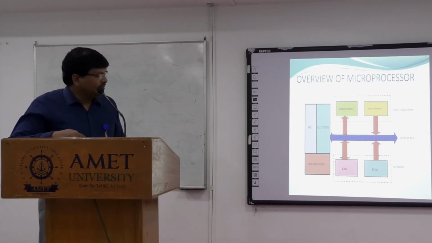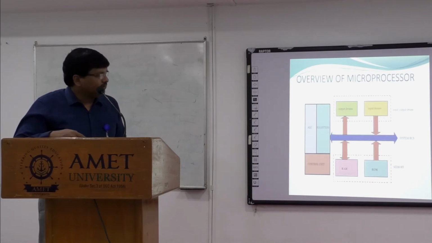One is the arithmetic logic unit, which is used for performing arithmetic and logical operations. Apart from that, it consists of registers. Registers are memory locations where information can be stored. Finally, it consists of the control unit. This control unit governs or controls the entire operation of the system.